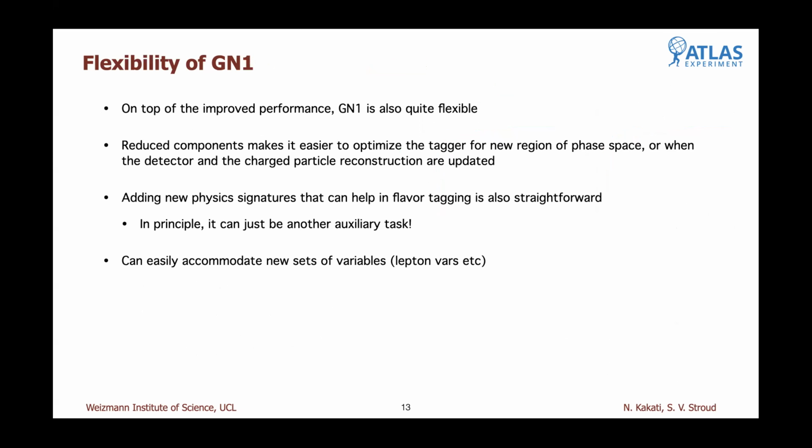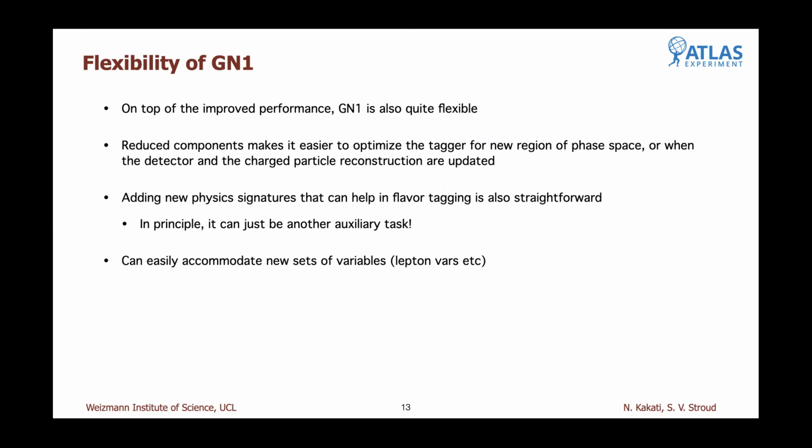So that's all with the performance. But additionally, I want to mention that GN1 is very flexible. Since it's very lightweight in terms of the number of components, it's very easy to optimize it for a new region of the phase space, or when you change something with the detector or how you reconstruct charged particles, you can get away with just retraining the model.